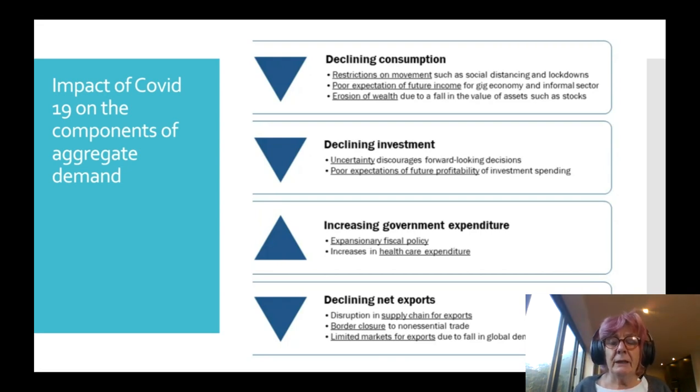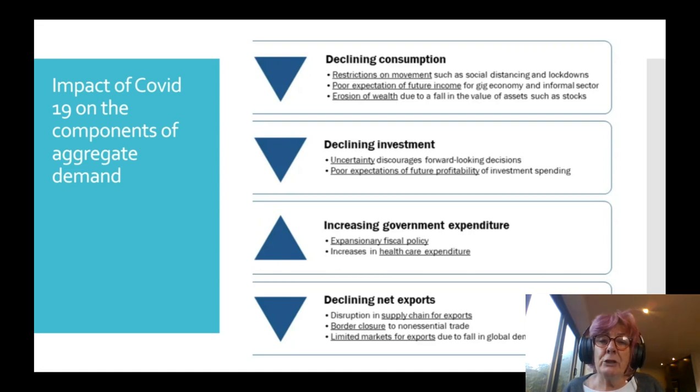And that's just as well because the other part of aggregate demand, net trade, is also in trouble during COVID-19 because there have been disruptions to supply chains, there have been borders closed, so it's just become more difficult to import and export goods. But also the markets for all of our exports have shrunk because, as we said earlier, people and businesses are very cautious, very concerned about spending.